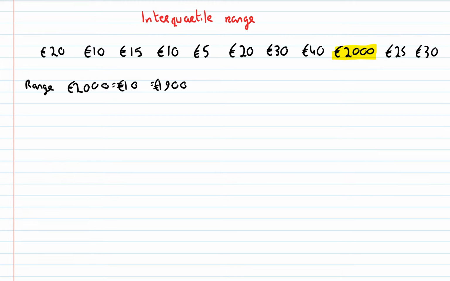So here's how we get the interquartile range. We list the numbers from smallest to biggest.